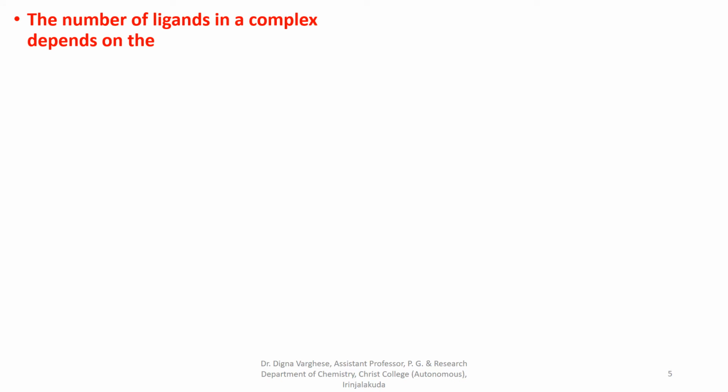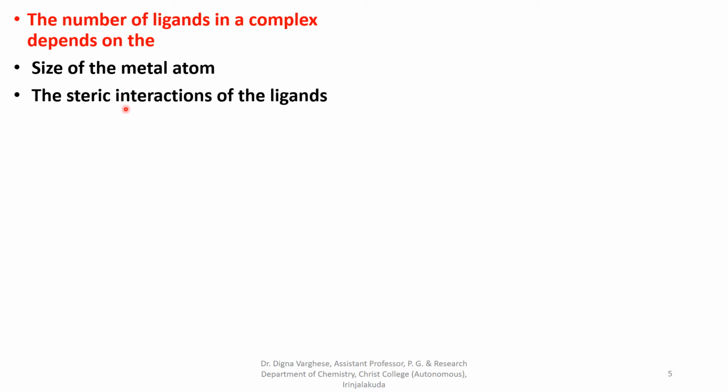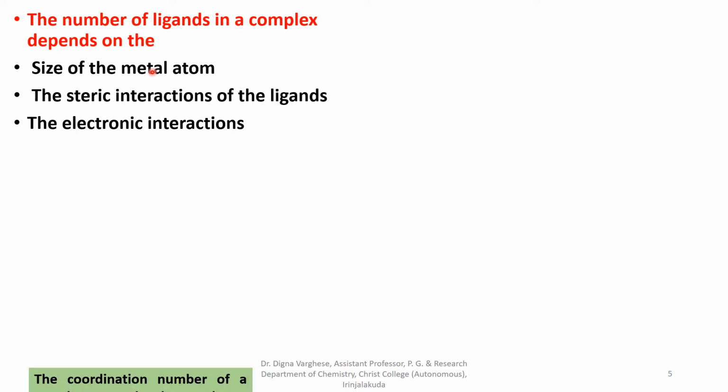The number of ligands in a complex depends on the size of the central metal atom, the steric interactions of the ligands, and the electronic interactions between the ligands and the metal ion. These three factors mainly determine the number of ligands which can be attached to the metal ion to form a complex.